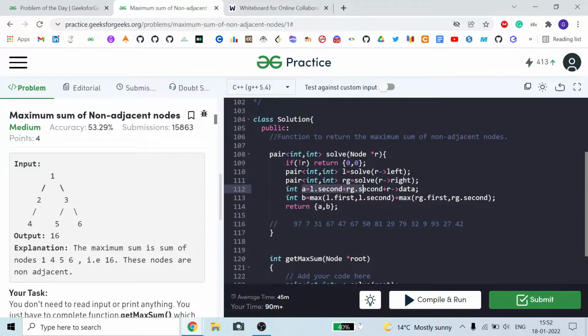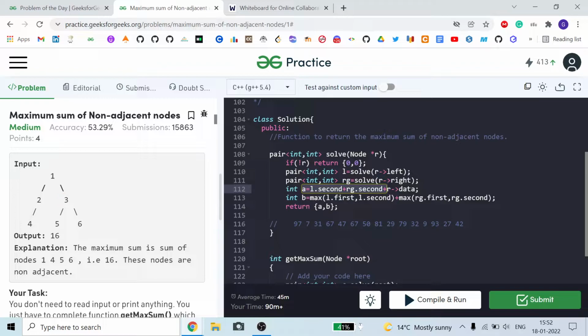So in our A we will store the maximum sum till this point, the maximum sum when we are at 1. Then our pair dot a will store the maximum sum till 2 including 2. Similarly, when we are at 3, a will store the maximum sum with 3 included in our answer.